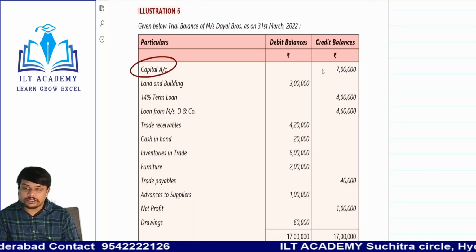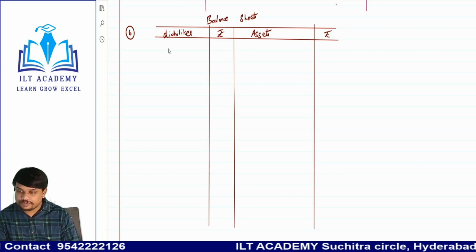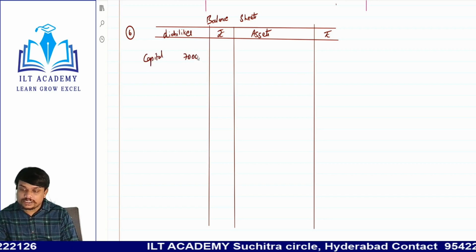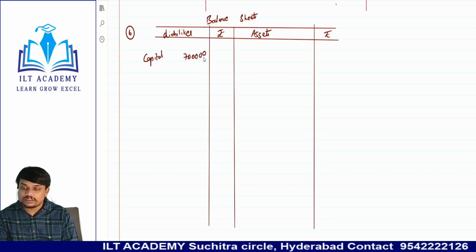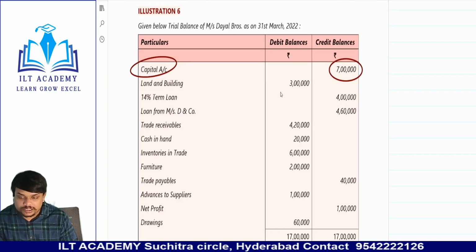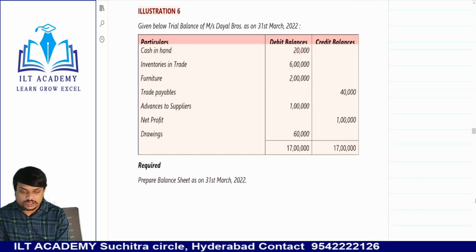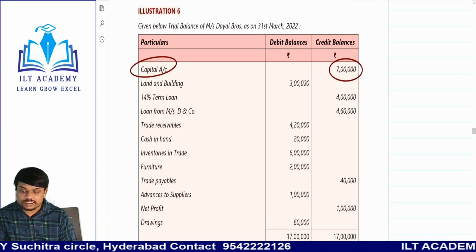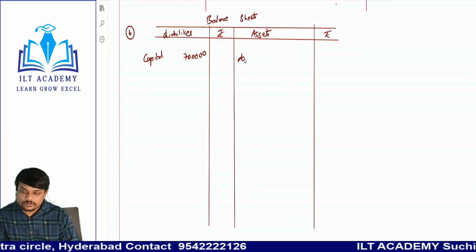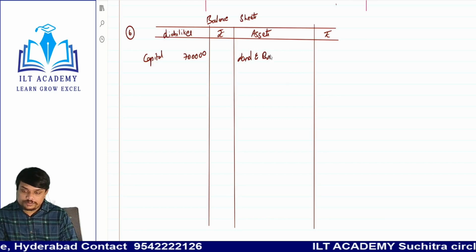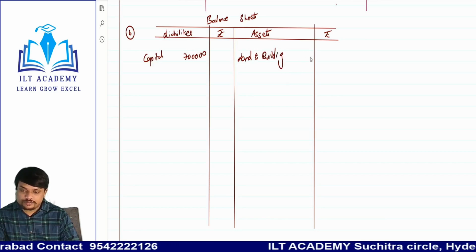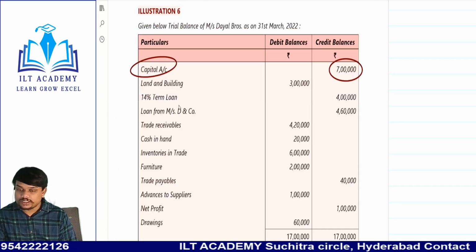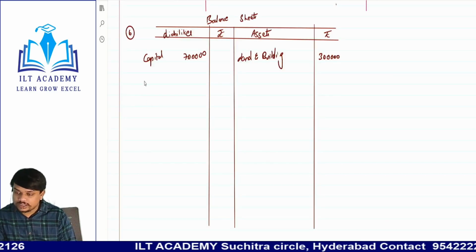Now write down first one, capital account 7 lakhs. Capital 7 lakhs. Let us write this inside only. Need to check whether there are profits or loss. Land and building 3 lakhs. Land and building is 3 lakhs. Now 14% term loan having a credit balance of 4 lakhs.